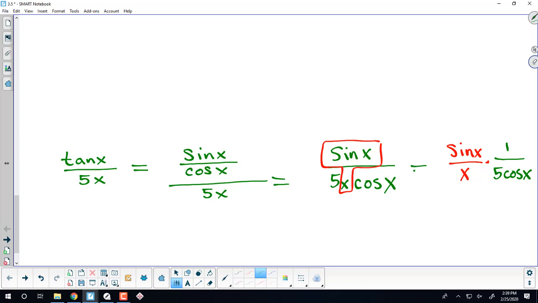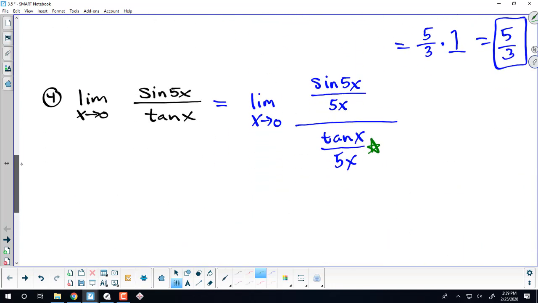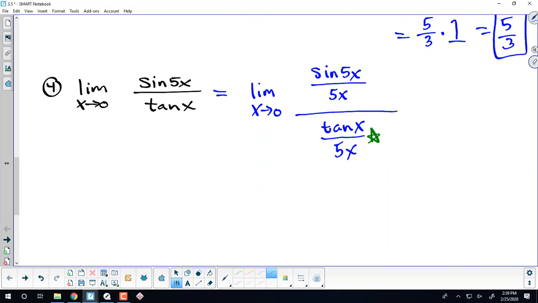So we had to break it down a lot to see, but the theorem does handle at least a part of this. The other part, 1 over 5 cosine x, there's no issue with computing the limit as x approaches 0. So that's what we're going to write this as. Remember, the limit of a quotient is the quotient of the limits.